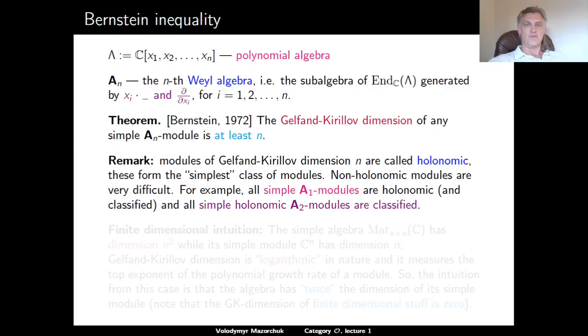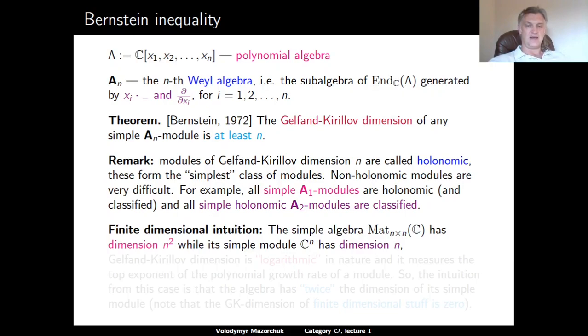So modules of minimal possible Gelfand-Kirillov dimension are called holonomic and form in some sense the simplest class of modules. Non-holonomic modules are very difficult to construct and very difficult to study. So for example, for Weyl algebras, there is some kind of classification of simple A1 modules, and there is a similar kind of classification of simple holonomic A2 modules.